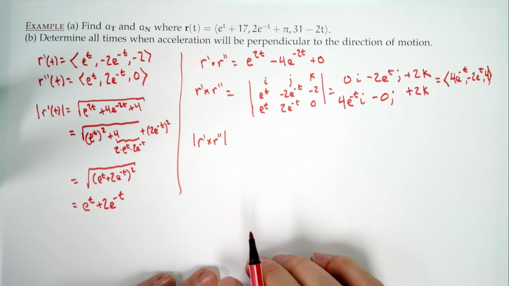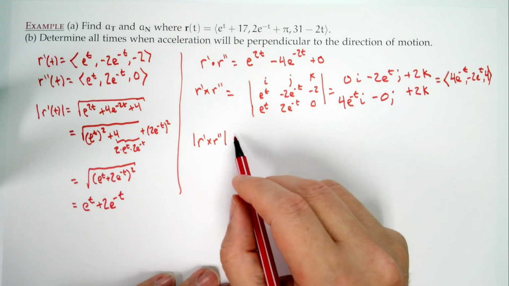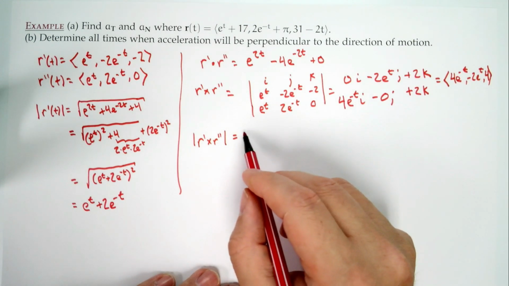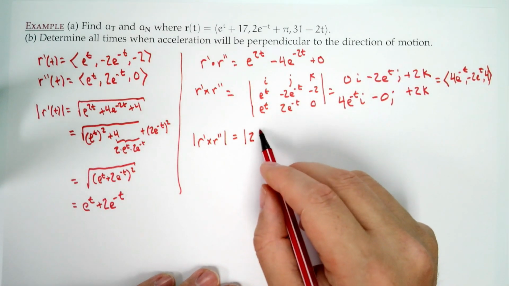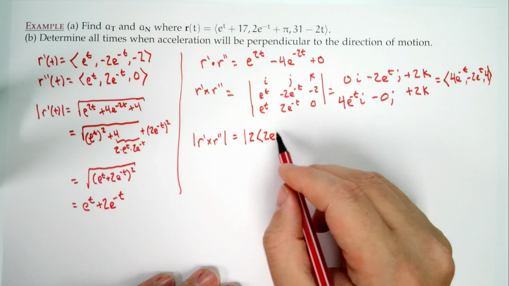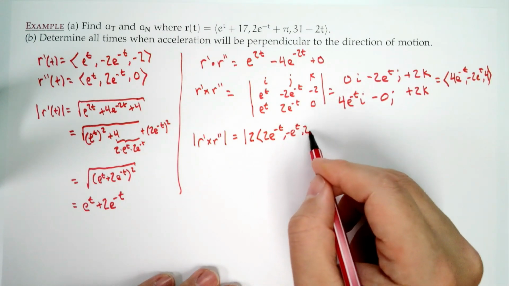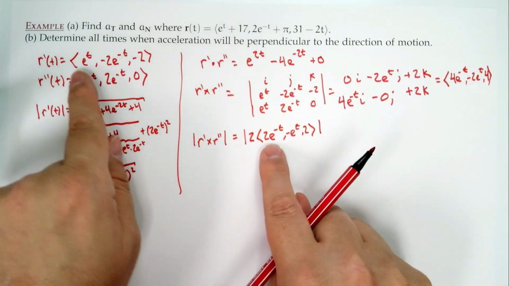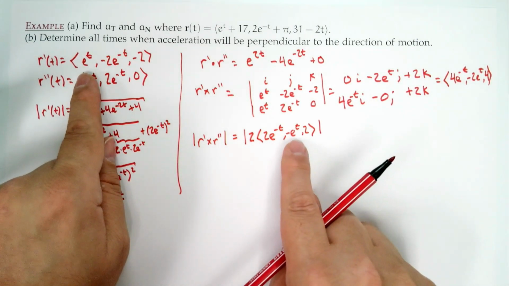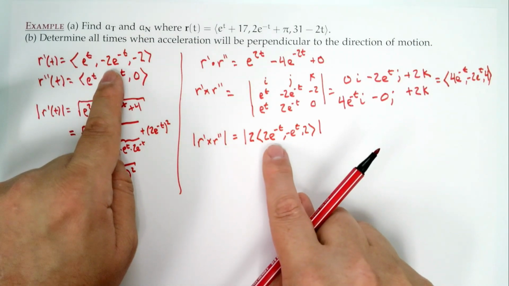Well, looks tough, but wait a second. Let's take a look at something. Notice this is the magnitude. These terms, I can pull out a 2. So I get 2e to the minus t, I get minus e to the t, I'm left with 2. And if you look here at these terms, and compare it to the r prime, you'll see, okay, I got e to the t, I got 2, and I got minus 2e to the minus t.